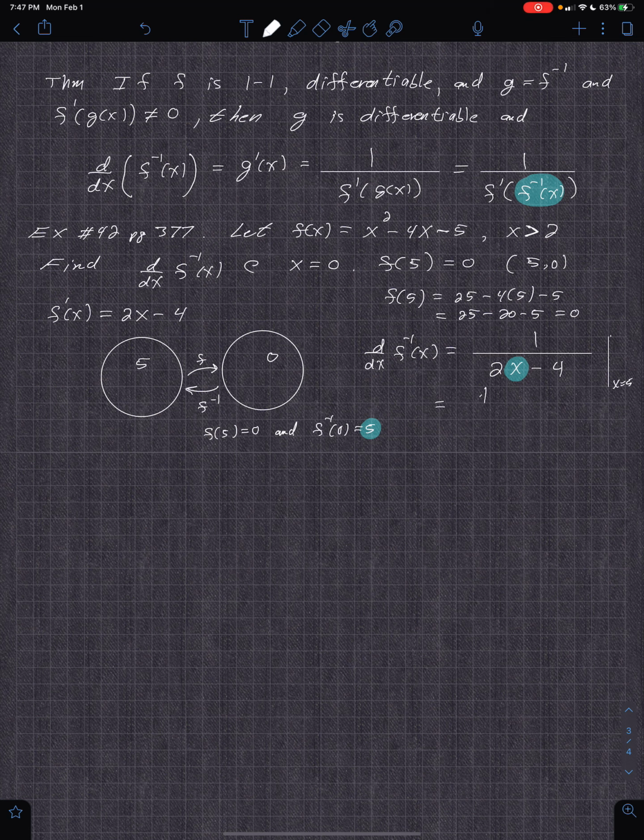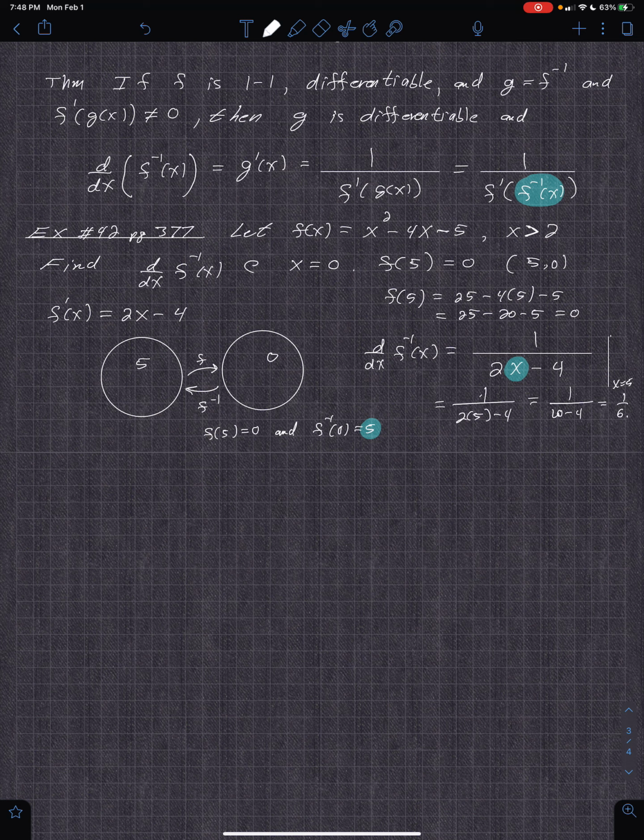And so you get 1 over 2 times 5 minus 4. 1 over 10 minus 4 is 1/6. So that's kind of how you can evaluate it. That's what they meant by that. It can be a little weird at first when you're evaluating it because you'd think you actually have to find its inverse. So notice that we didn't find the inverse. We just evaluated the function and went back to figure out what the inverse value would be, which makes it kind of neat, actually, I think.